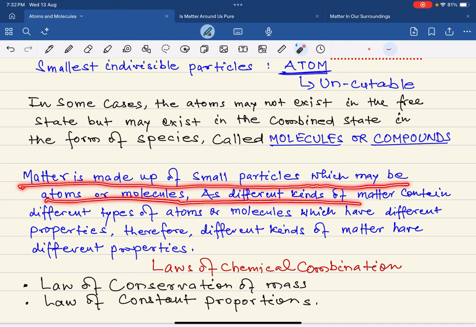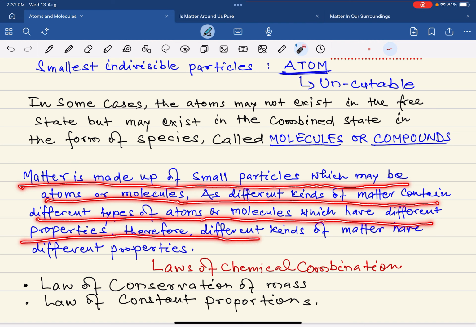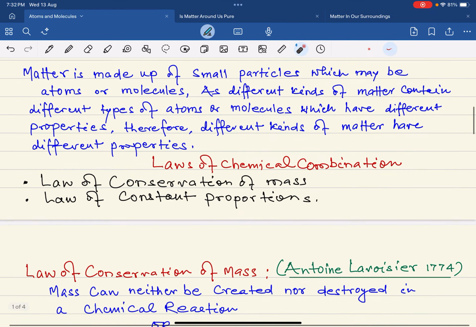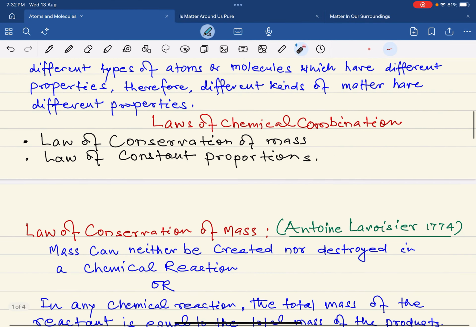Different kinds of matter contain different types of atoms or molecules which have different properties, therefore different kinds of matter have different properties. This is explained on the basis of law of chemical combination.